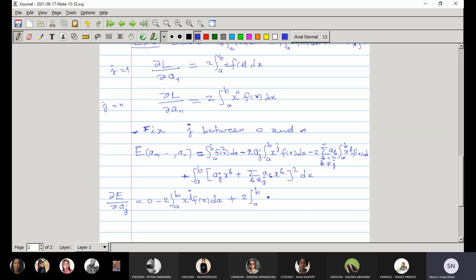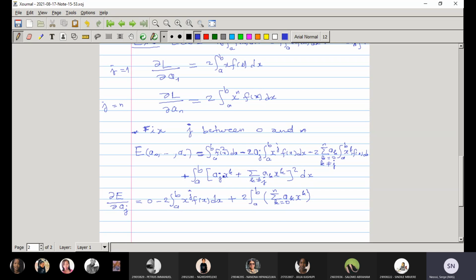So this will be this entire summation, sum k running from 0 to n, ak x to the k. Because I'm not differentiating what is inside, but I'm applying the chain rule. So I first lower the power, so the coefficient, this 2 comes down, and then I decrease the exponent by 1. So that's what I've done here. I don't touch what is inside. So that's why I still have all this summation.